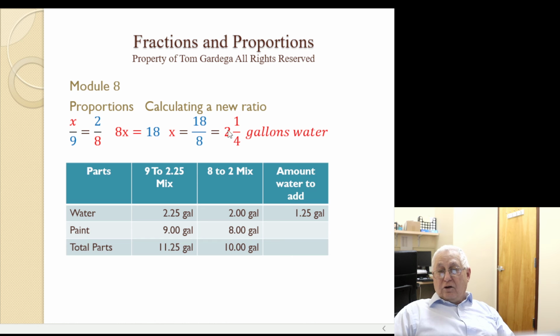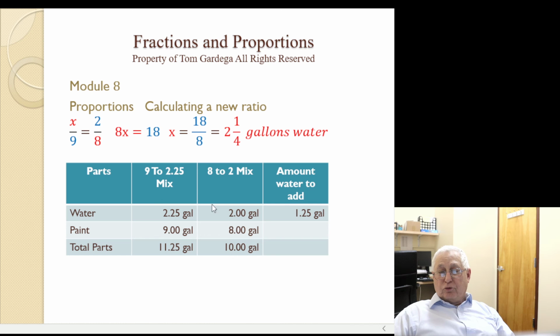So we need total 2 1/4 gallons of water. So we're going to put this in here. Water is going to be 2.25, 9 gallons of paint. Total parts, when we add that water to it, is going to be 11.25 gallons, but we want 2 gallons of water, 8 gallons of paint. So if you look here, we've already had a gallon of water.